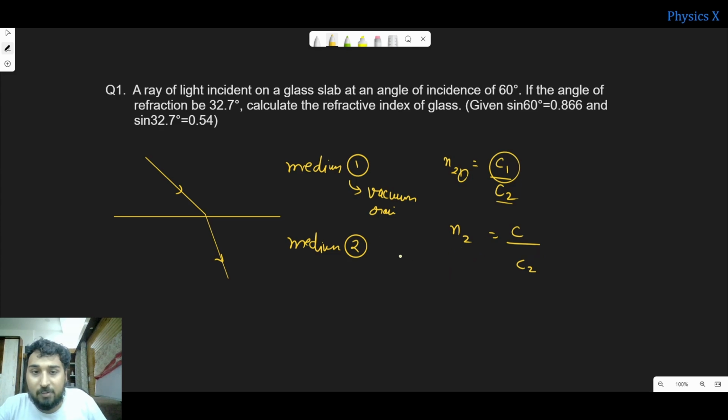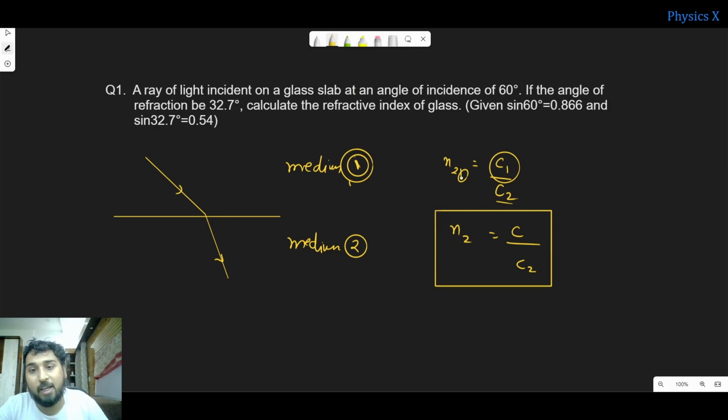Similarly, now we consider another case where the first medium is not vacuum or air but something else. Then similarly n1 is equal to c upon c1.